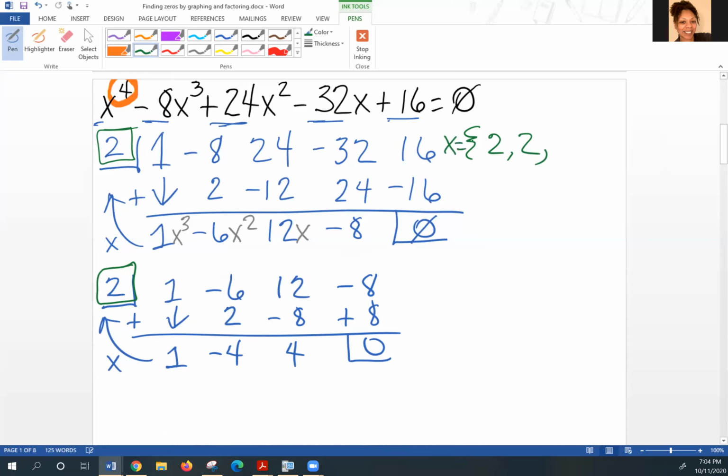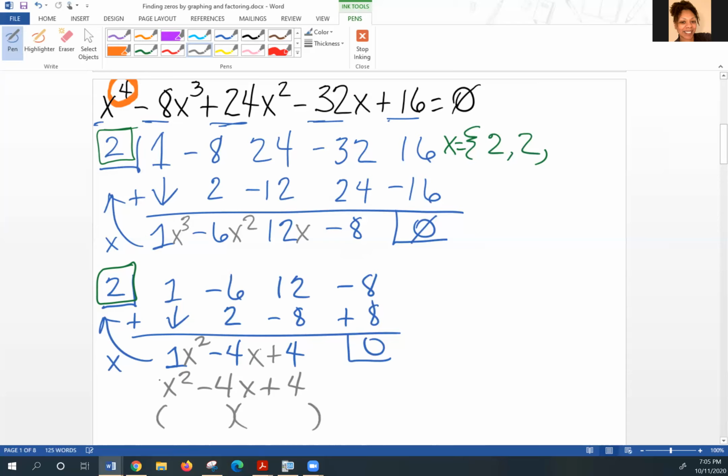So let's keep going. This time I have x squared because we were just at x cubed and we go down a degree each time. Then x, and the sign here is a positive. So I could either do another synthetic division, or I could just look at this as x squared minus 4x plus 4 and ask myself if there are any numbers that I can use to put it in factored form.